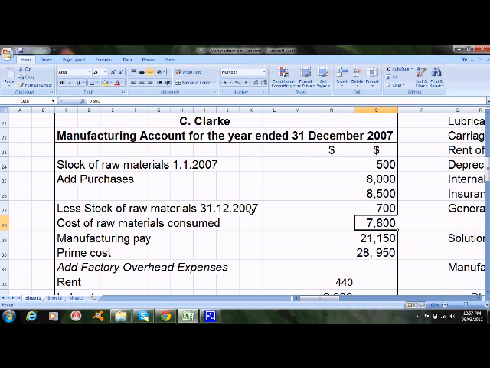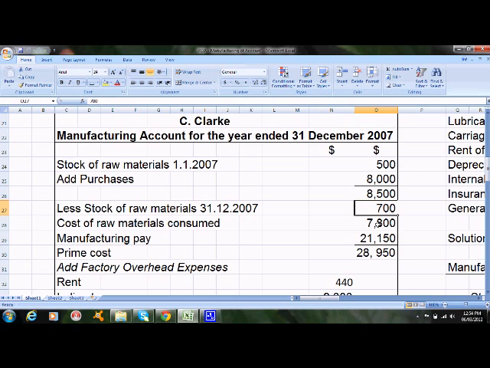The figure that you get will be described as cost of raw materials consumed. So when you less the closing stock of raw materials from the figure that you got when you add both the opening stock and the purchases, you come up with cost of raw materials consumed.